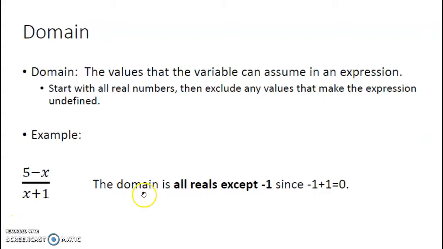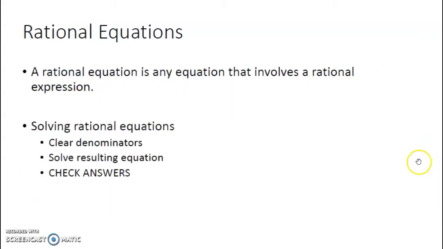So the domain would be all real values except for -1. -1 is the only value that would make that expression undefined. We're going to use the domain as part of our check process when we're solving rational equations, because we want to make sure that whatever solutions we get will satisfy the domain.